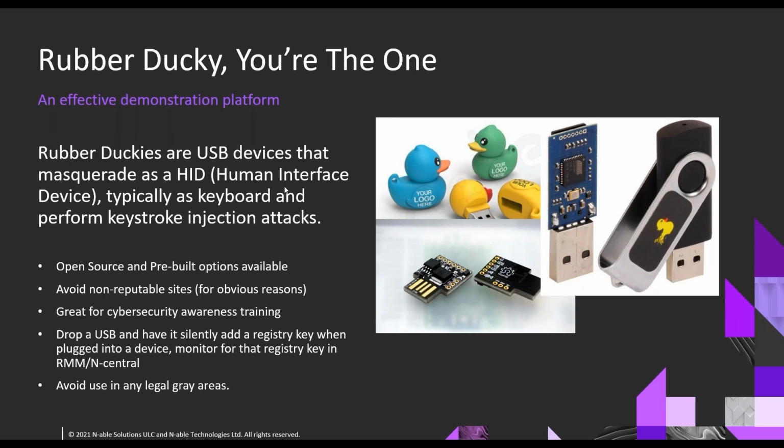So the only really good way of doing it is to use something like Azure AD, Intune, or group policy, or EDR inside of RMM and N-central to say, all right, we're going to block all human interface devices. In this case, we're going to block keyboards. Well, okay, I blocked the keyboard. How am I supposed to use a keyboard? Well, you don't. So that's why you have to block keyboards and add a rule that allows specific keyboards based on serial ID.